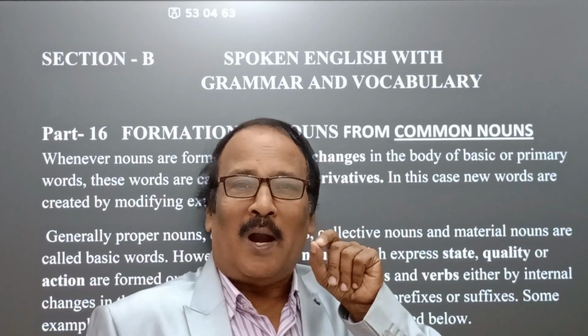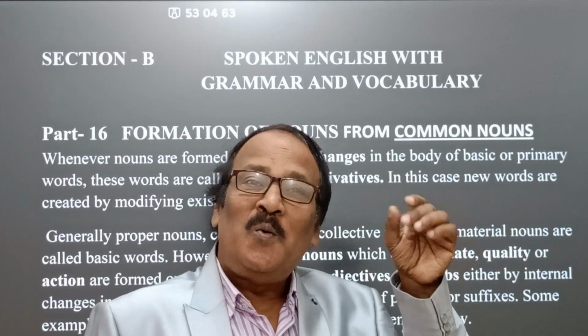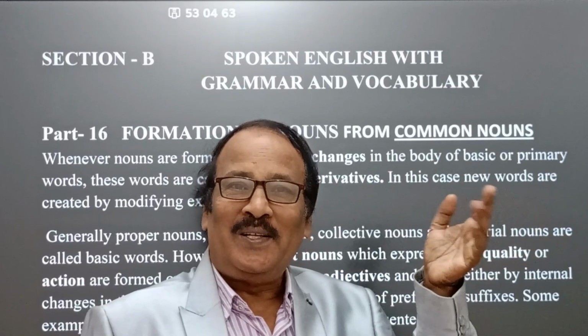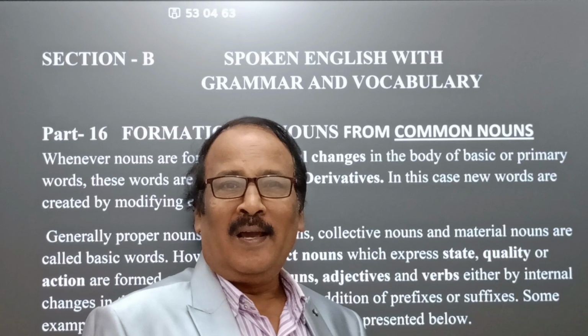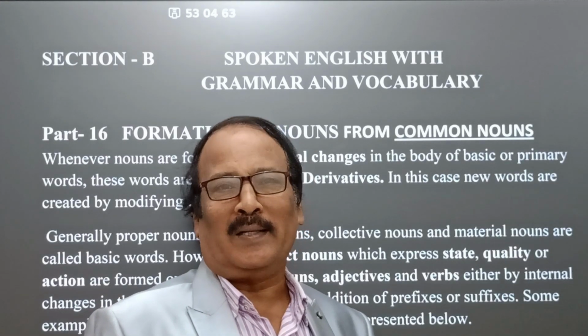Again, compound words, by combining noun with noun, adjective with noun, we form compound words. And we have also discussed three types of compound words: open compound words, closed compound words, and hyphen compound words.